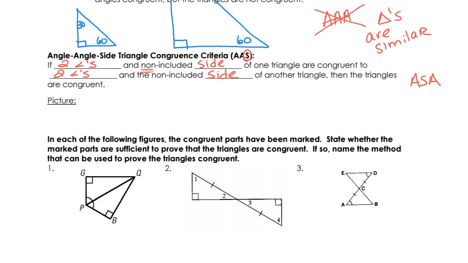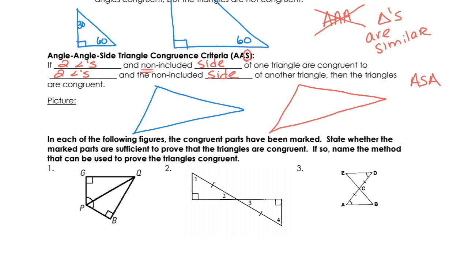So I'm going to draw you a picture of 2 triangles. And I'm going to go ahead and mark angle side. So I can pick 2 angles, whichever 2 I want. Okay. And I can pick a side, but the side cannot be between the angles.